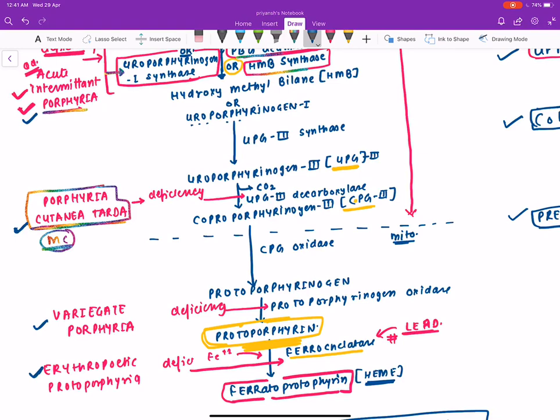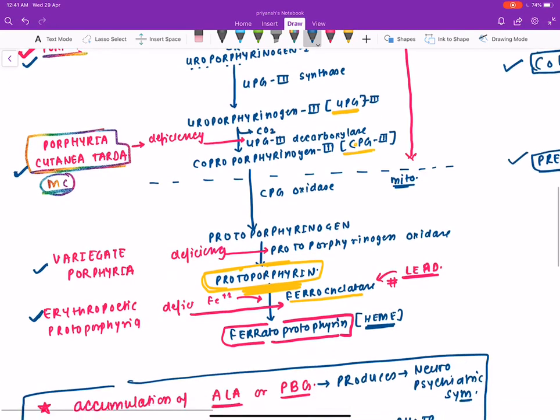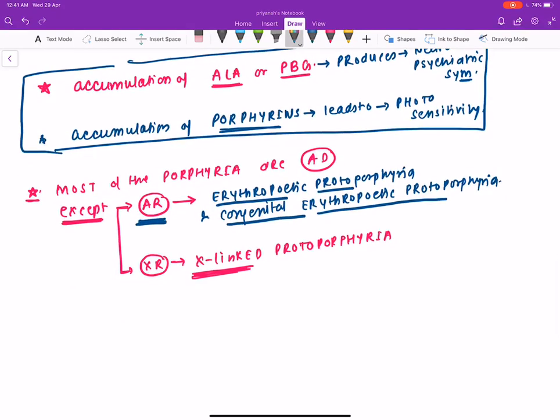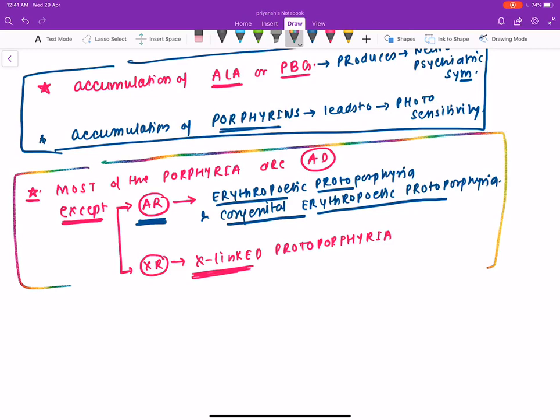That is why I have highlighted them. Apart from this, there are other porphyrias as well, but to keep it simple, I have not discussed those. So all the porphyrias are autosomal dominant, except erythropoietic protoporphyria and congenital erythropoietic porphyria, which are autosomal recessive disorders.